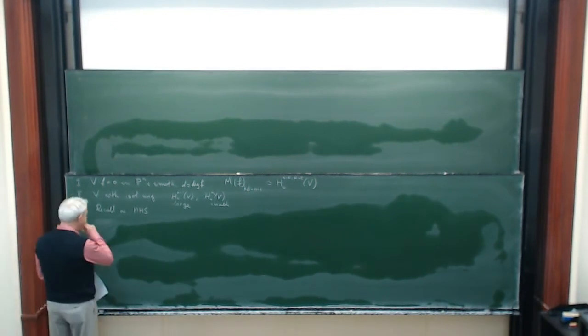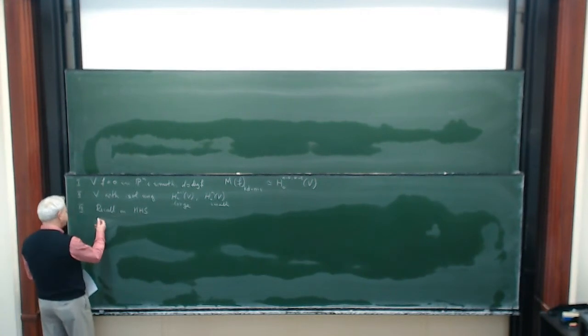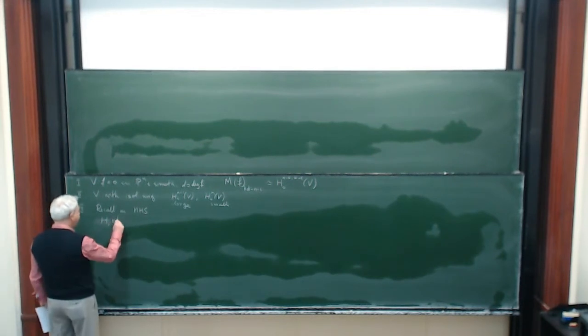So we have defined essentially what is a mixed Hodge structure. So it's a triple H, which is a Q vector space, some weight filtration, and some Hodge filtration.